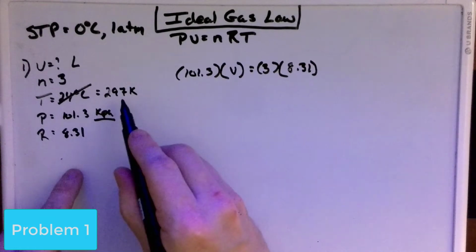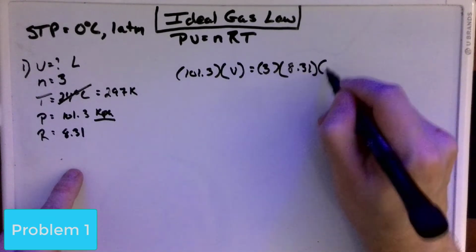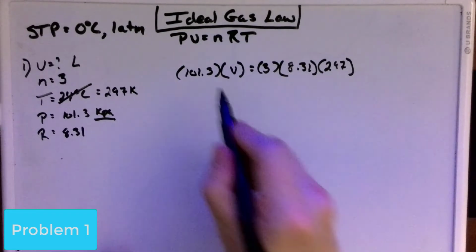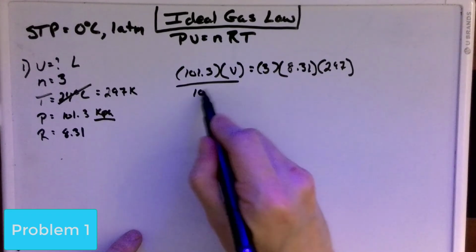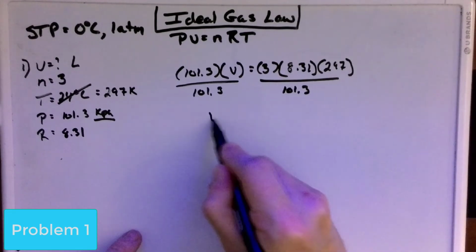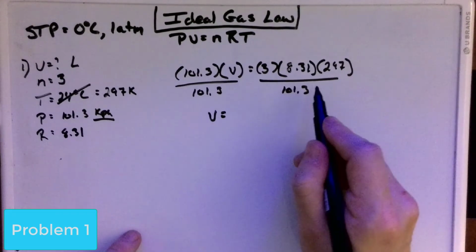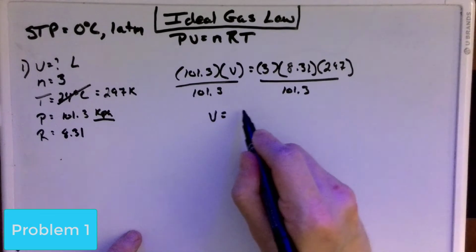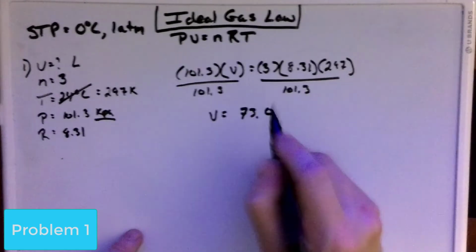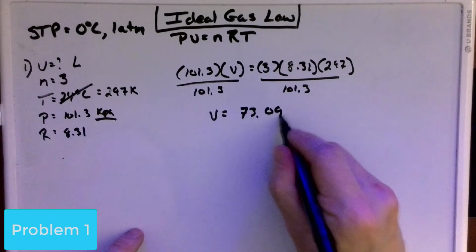And the temperature in Kelvin is 297. Easy enough to solve for V. Divide both sides by 101.3. Plugging this into a calculator, we know that volume equals 73.09 liters.